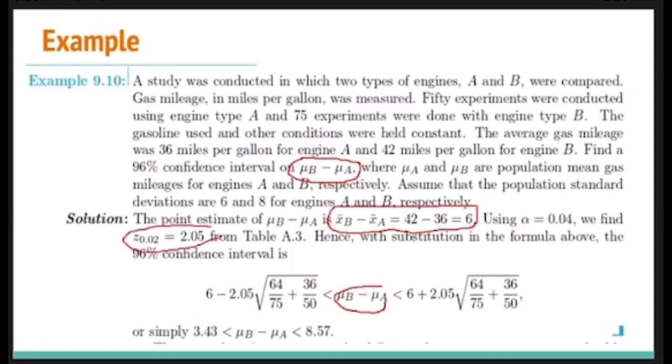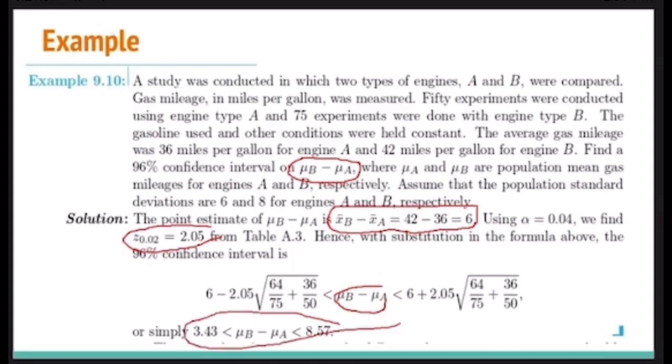So I'm going to go to the Z table and check the corresponding Z score for 0.02. That gives me 2.05. And at the end of the day, this is what I'm going to have.